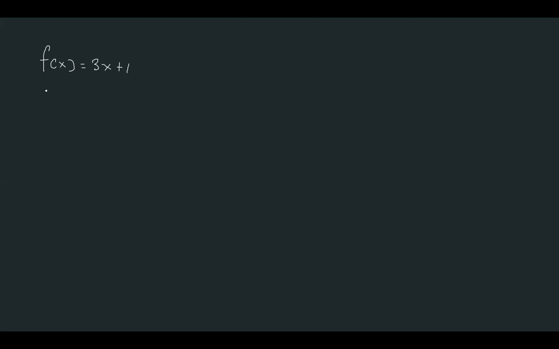So let's say we have f of 0. We're just going to substitute 0 for the x itself. So this is 3 times 0 plus 1. So we have 0 plus 1, and the result for that would be just 1.